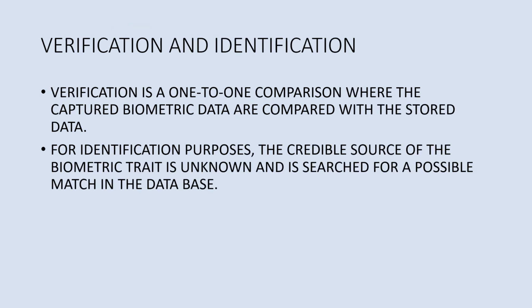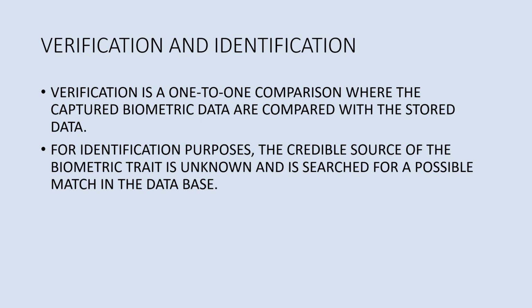Verification and identification. Though there is a slight difference between the two words, verification and identification, both are important for the comparison of the biometrics. So, verification is a one-to-one comparison, where the captured biometric is compared with the stored database, and identification is the procedure done when the source of the biometric read is unknown and then it is searched throughout the database for a match.